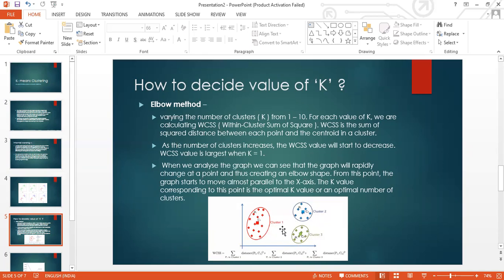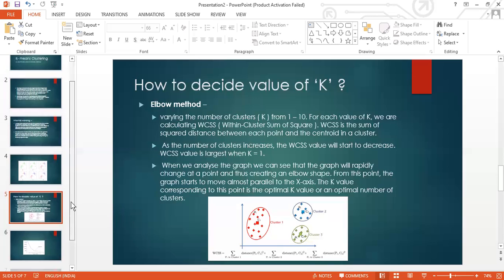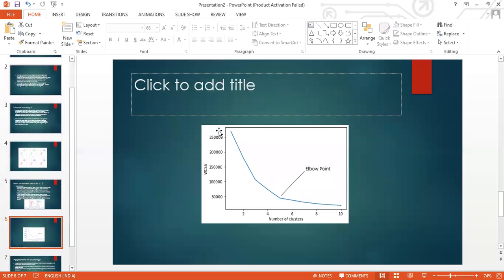But when we create more clusters, the centroid gets inside the clusters, and the distance becomes shorter. So that's why at the end we get a graph like this. It is forming an elbow-shaped graph here. That's why it is called the elbow method.